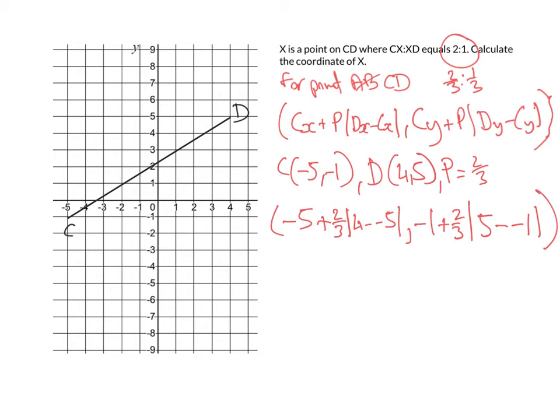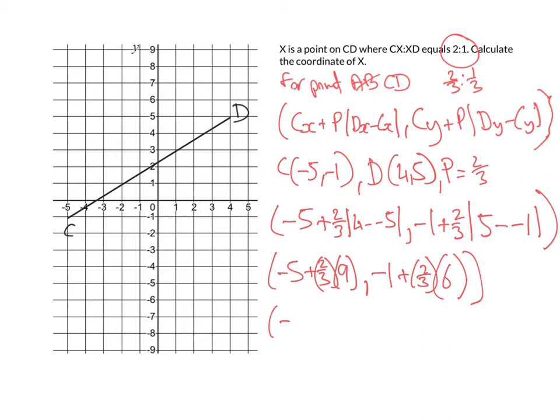And then we just have to work them all out. So negative 5 plus 2/3 times 9, since 4 take away negative 5 is 9, comma, negative 1 plus, I'll stick that in brackets, 2/3 times 6, since 5 take away negative 1 is 6.